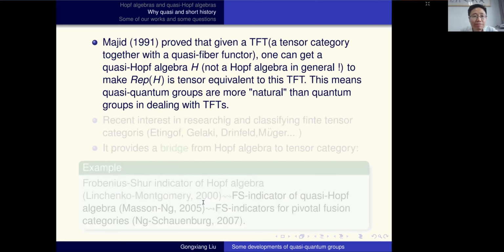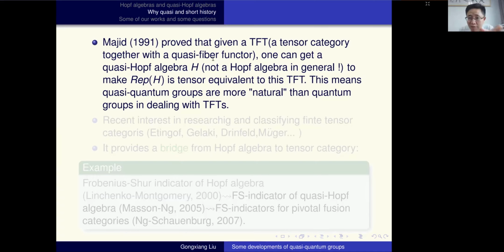For example, Majid proves that given a TFT, okay, maybe TFT is not a standard concept to you. For my talk, TFT just means a tensor category together with a quasi-fiber functor. Just the definition. This is not a standard definition. Majid proves that if you give a tensor category together with a quasi-fiber functor, we can get a quasi-Hopf algebra.